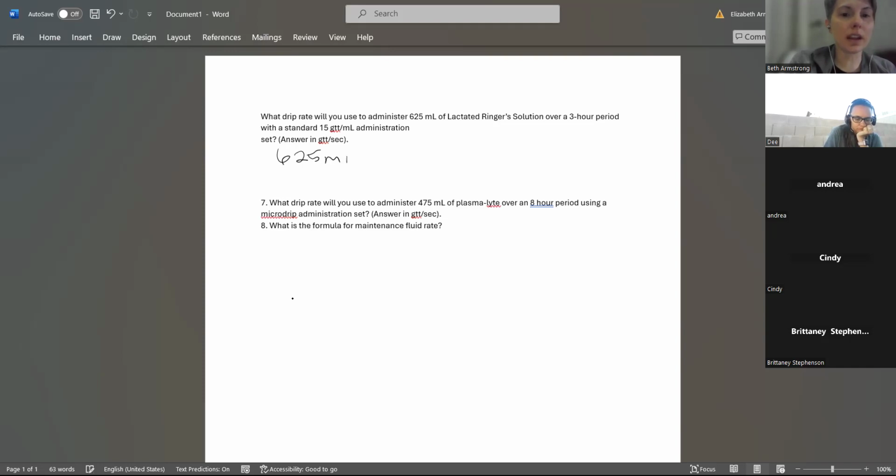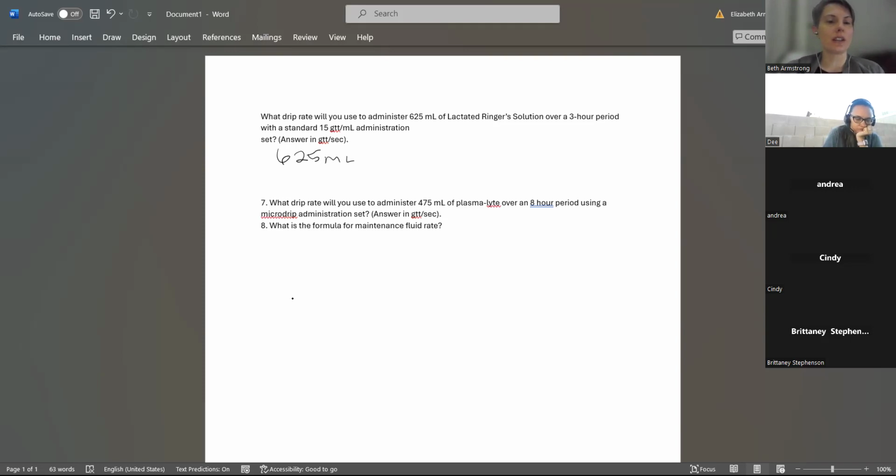And it says that we need to give that over a 3-hour period of time. So we need to figure out first what our hourly rate is. If you have a total of 625 mLs and your doctor wants you to give that over 3 hours, what rate would you set that at? Right.